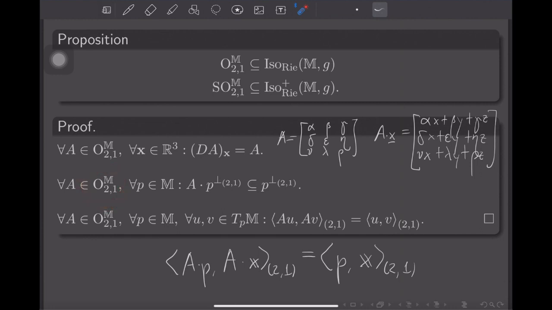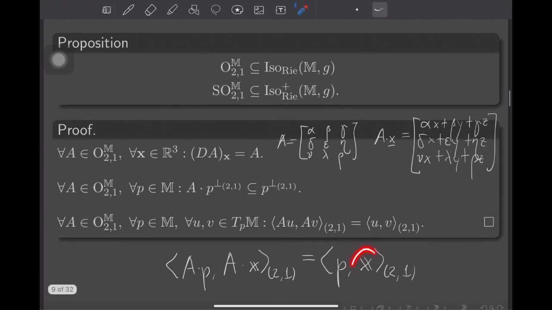And so if my vector was orthogonal to P, then its image is orthogonal to the image of P. So this means that A brings this tangent plane into the tangent plane itself.